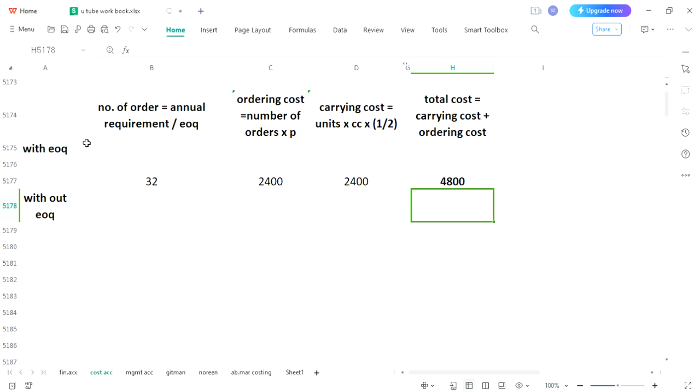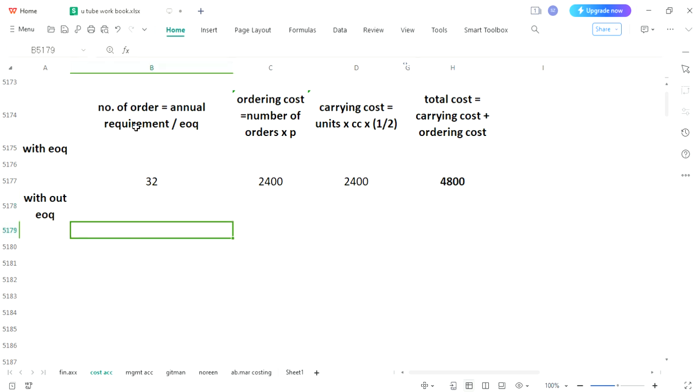So as a student, when you will go to any manufacturing concern, apply it upon your purchasing process of organization, and inform that with this economic order quantity your cost will be saved and your profit would be increased. And we are going to prove it how much amount you can save if you will apply economic order quantity. Without economic order quantity, what that firm was doing, we will calculate here, over here, number of orders.